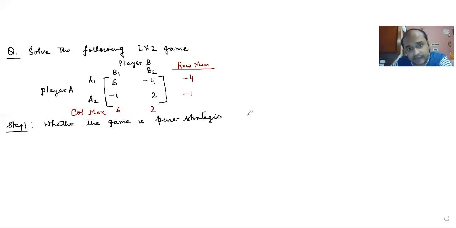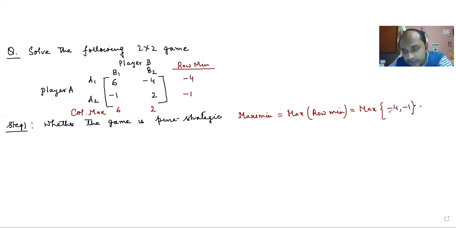So we find that maximin, which is actually the max of row minimums, row minimums are -4 and -1, so which one is max? -1.